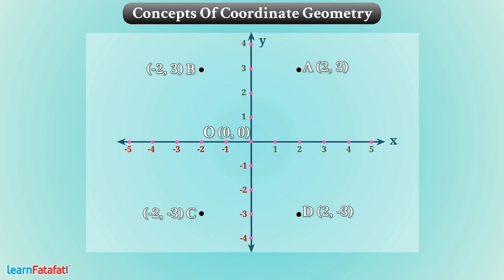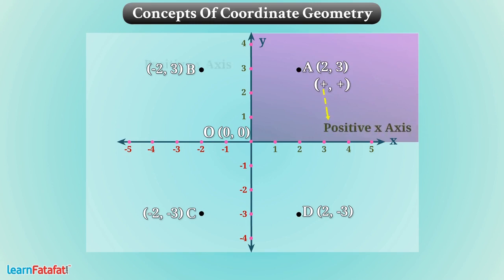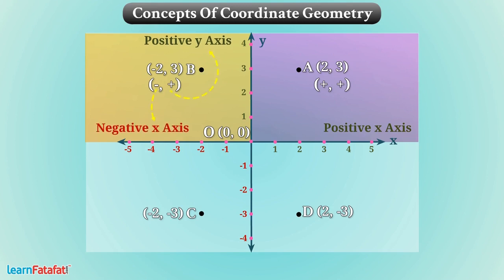As you can see, the coordinates of a point P in the first quadrant will be in the form (+, +), as the first quadrant is enclosed by positive x-axis and positive y-axis. Similarly, the coordinates of a point in the second quadrant will be in the form (-, +), as the second quadrant is enclosed by negative x-axis and positive y-axis.